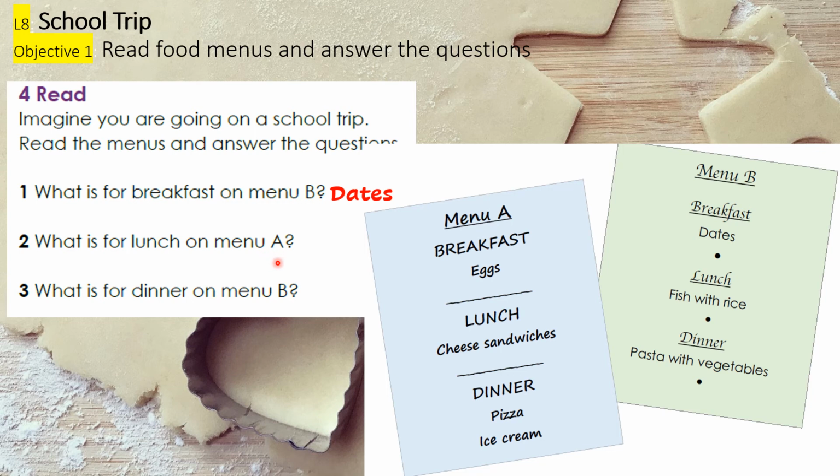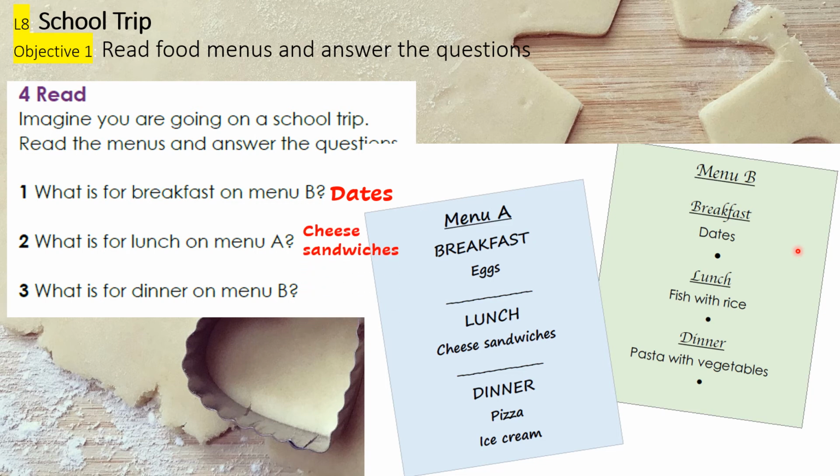So, we have to look at menu A and then go to the lunch section. Lunch, cheese sandwiches. So, cheese sandwiches are available for lunch on menu A. What's for lunch on menu A? Cheese sandwiches.